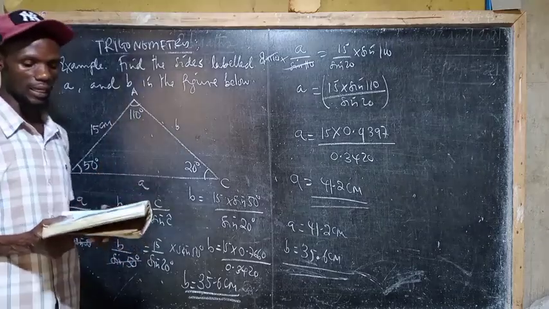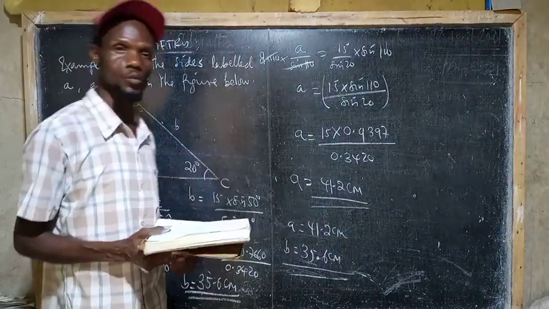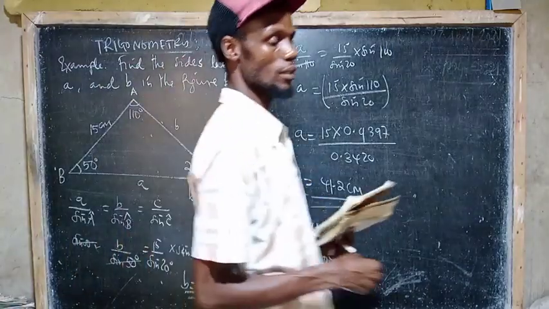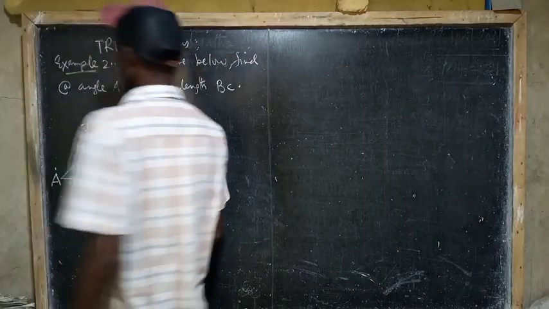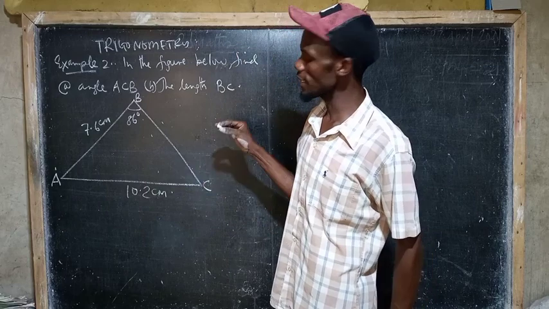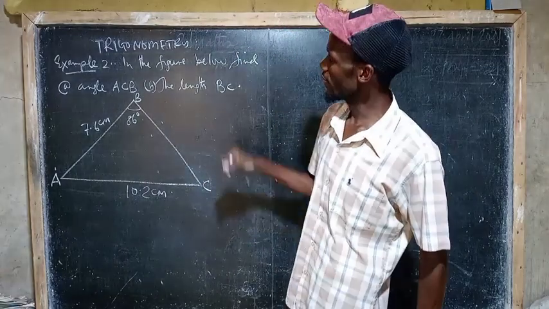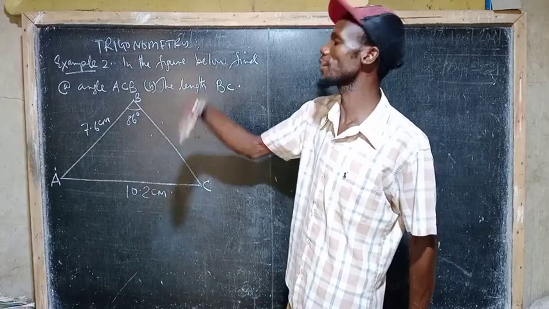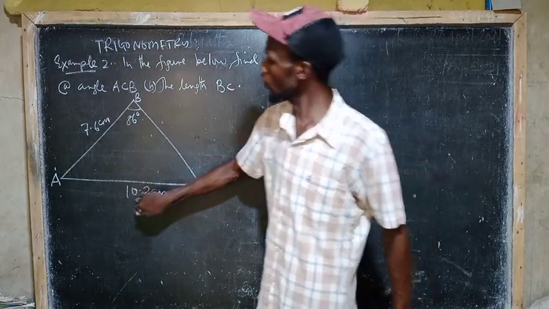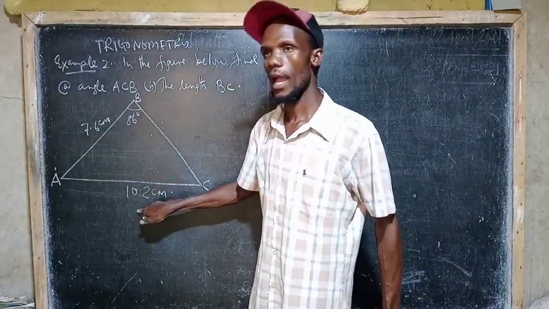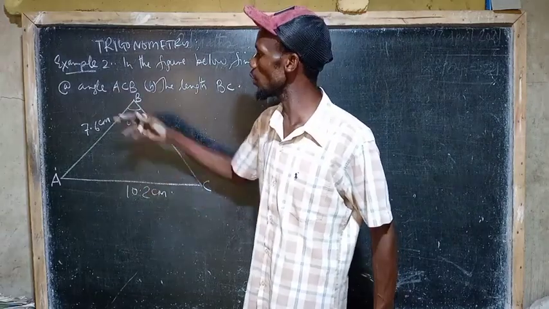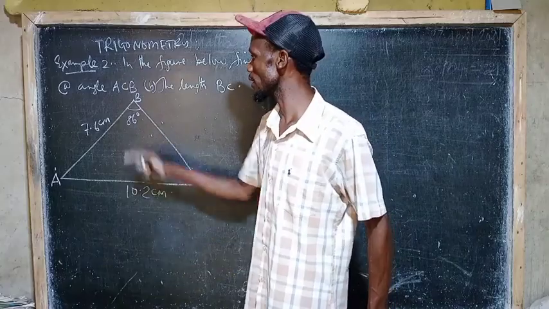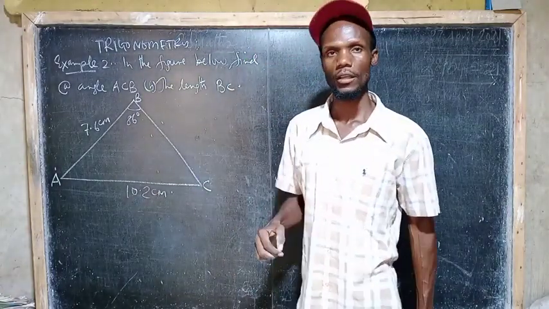Let us look for the second example if now definitely is possible to calculate the other question in different ways. Let us see. The second example is definitely here. As I said, this principle of sine law can be applicable if you find a triangle with two known sides and one of its opposite angles of one of the sides is given.